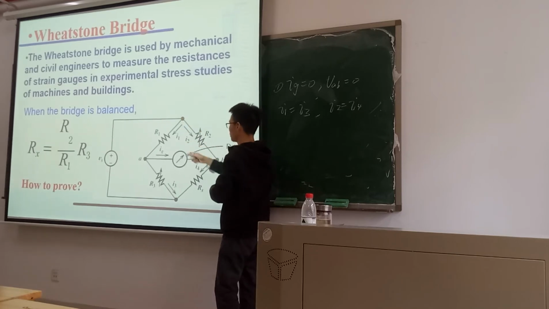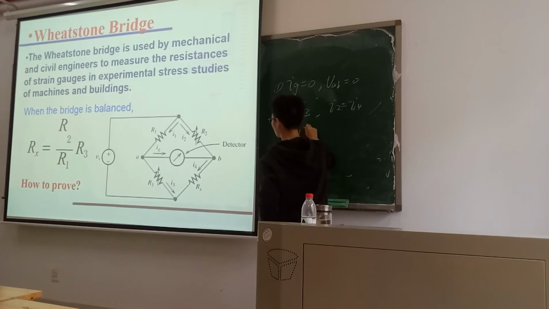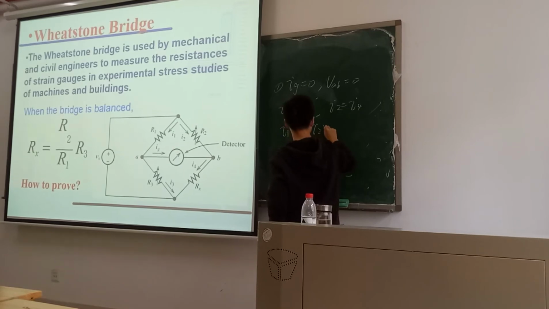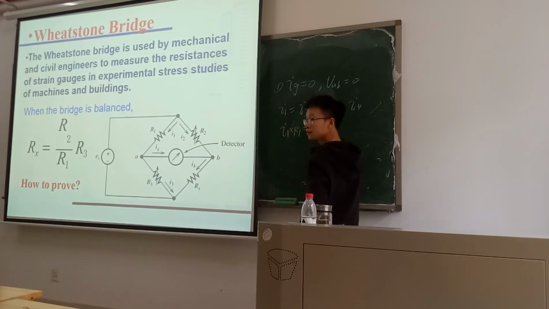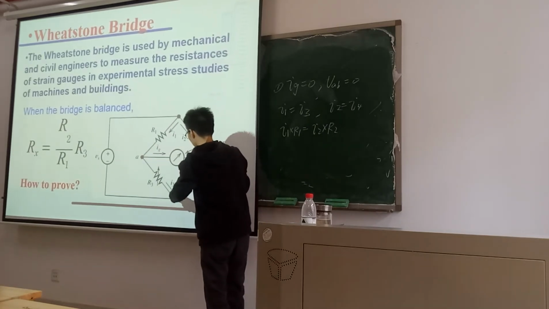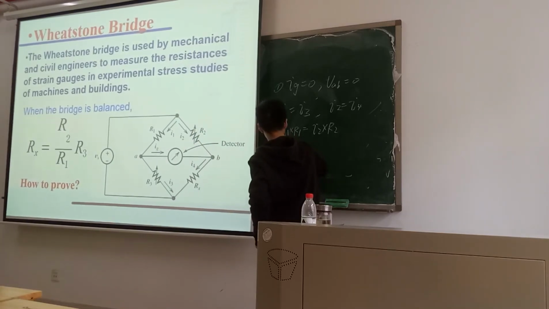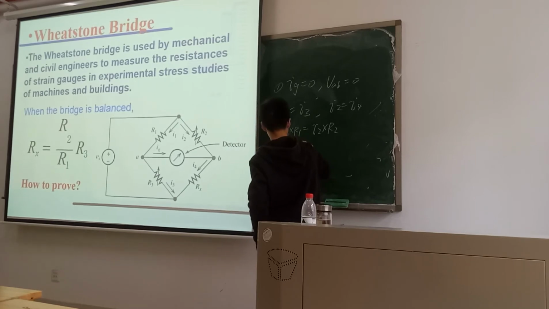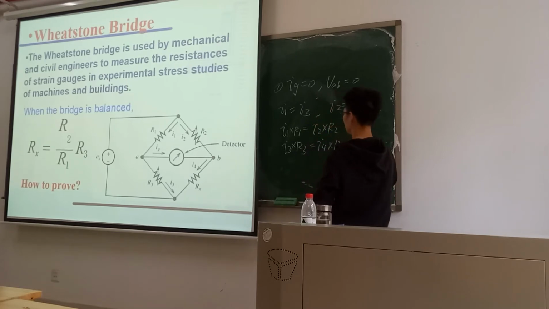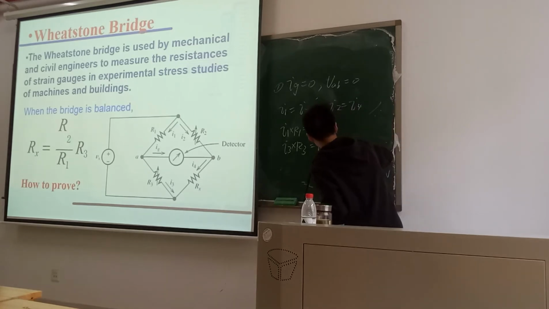So I1 multiplied by R1 equals I2 multiplied by R2, right? And also, the voltage across this branch is equal to this one. That means I3 multiplied by R3 equals I4 multiplied by Rx.